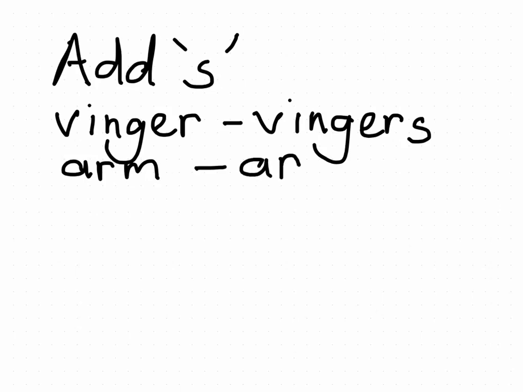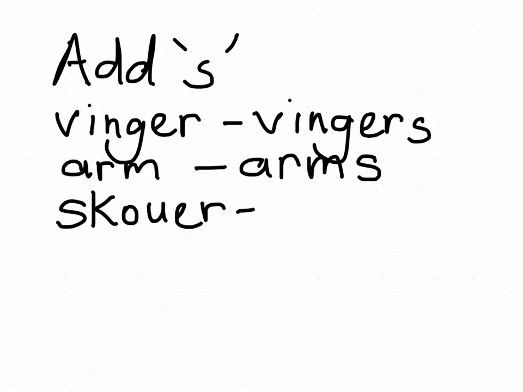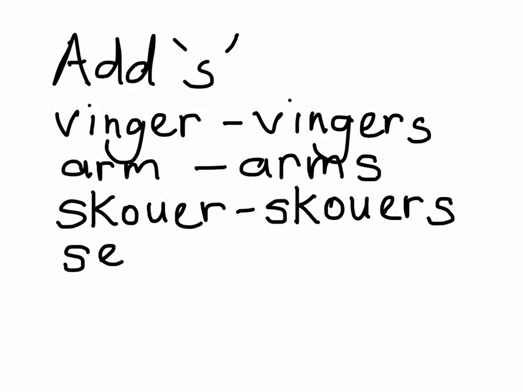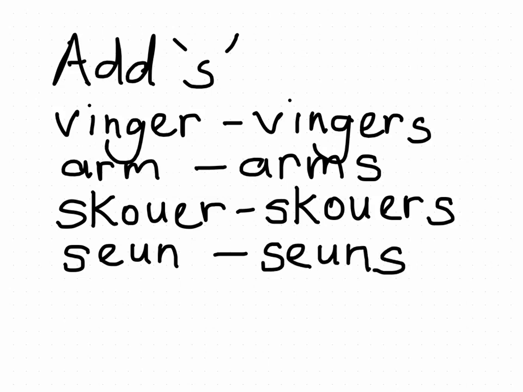Remember, boys and girls, we cannot say arme because arme means poor in Afrikaans. It doesn't sound right. If we're doing plural, 1 arm, 2 arms, een arm, 2 arms. The same with skouer. Een skouer means shoulder. 2, can you give me the answer? Yes, skouers. We just add the s. And we have many more examples. For example, een seun, 2 seuns. And we can give you many more examples where the word takes on the s.